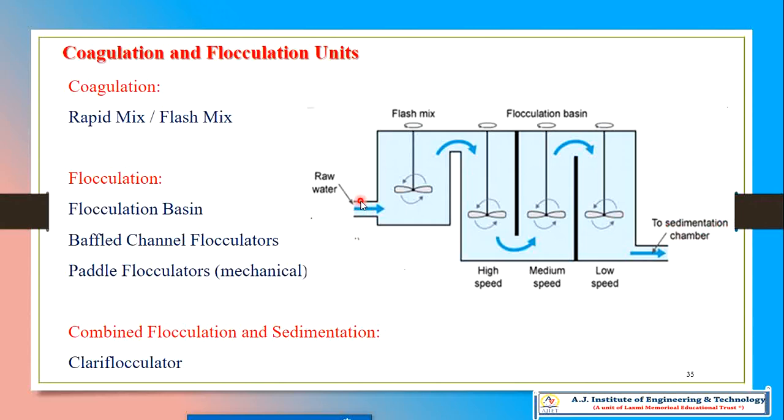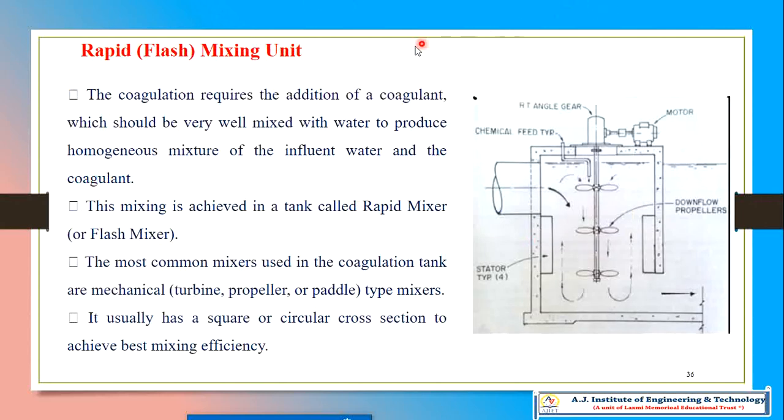Okay, we'll explain one by one. Rapid or flash mixing unit: how it will be provided, what motor will be there, how the rapid or flash mixing unit is going to work out.